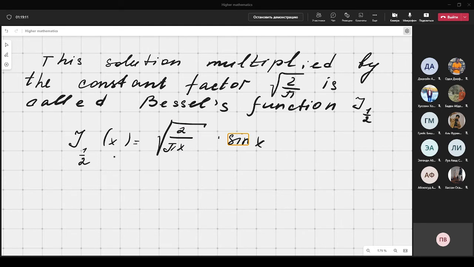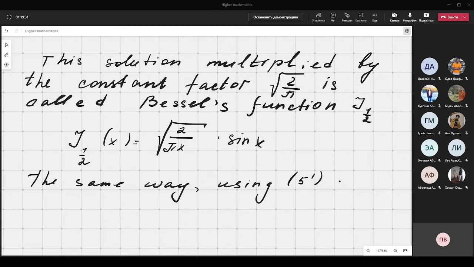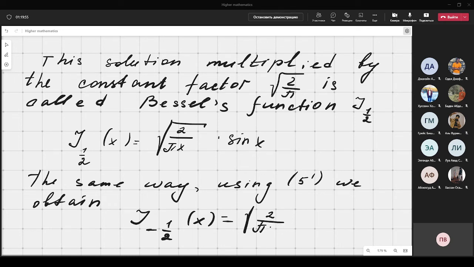In exactly the same way, using formula 5 prime, we obtain J with the lower index minus 1 over 2 of x equals square root of 2 over pi x times cosine of x.